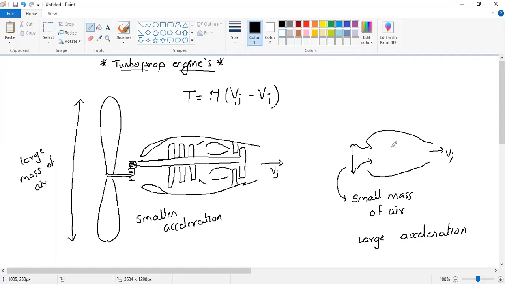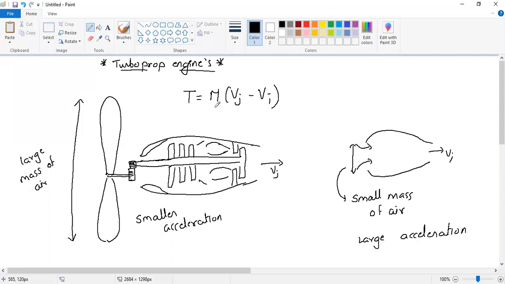In such a case, in turboprop engine, the propeller will take a large mass of air and accelerate it to a very small value. Whereas your jet engine takes a small mass of air and accelerates it to a larger value. This is the same formula. In the turboprop case, I am taking m maximum.